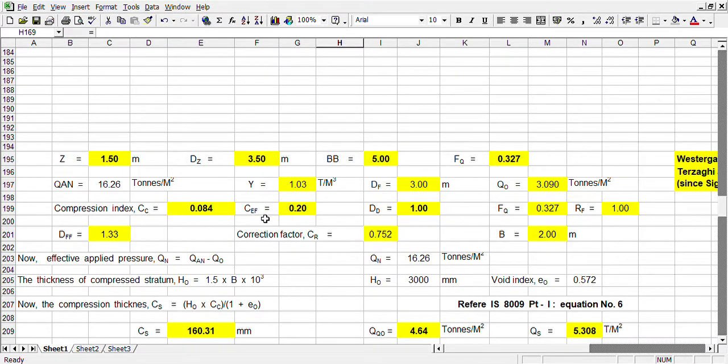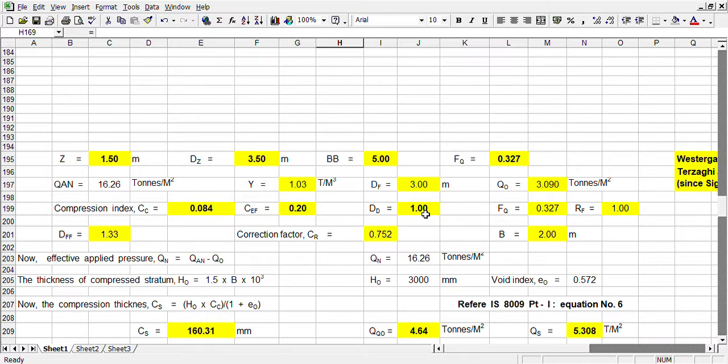Another is, I am writing here, it is the pore pressure coefficient, which is denoted by lambda, and the drainage coefficient, which is 1. For lambda there is a standard chart, or we can calculate it also, but there is hardly any difference. And drainage depends on whether it is impervious soil or free draining soil.